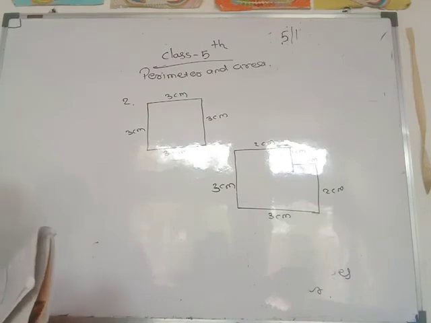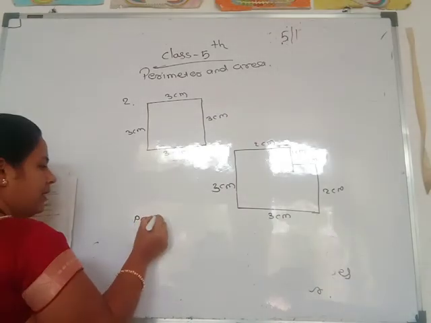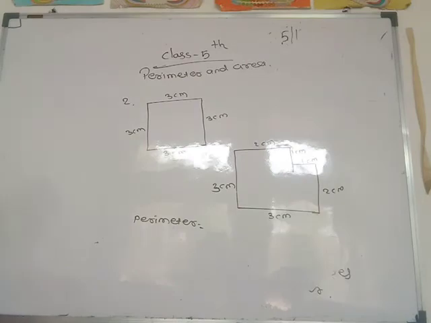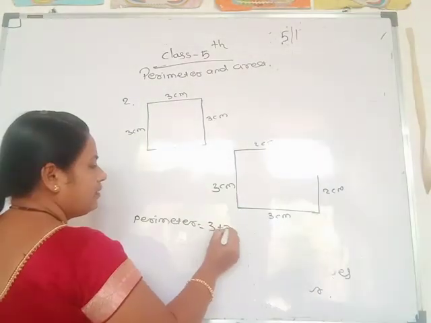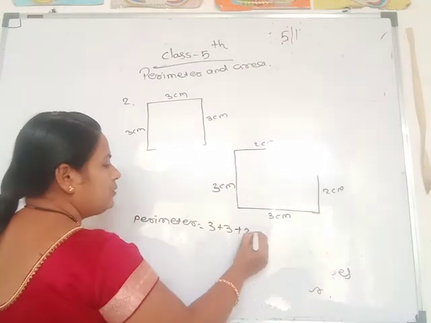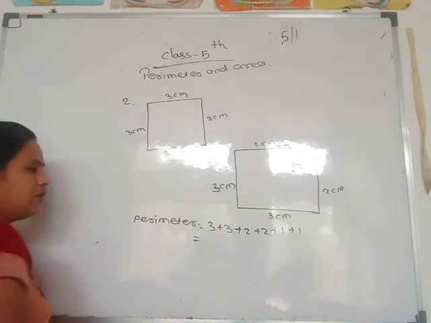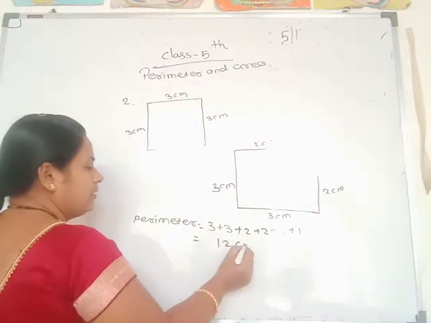Then what will be the perimeter of this remaining shape? Perimeter is equal to 3 plus 3 plus 2 plus 2 plus 1 plus 1, which is 6 plus 2 is 8, 8 plus 2 is 10, 11, 12 centimeter.